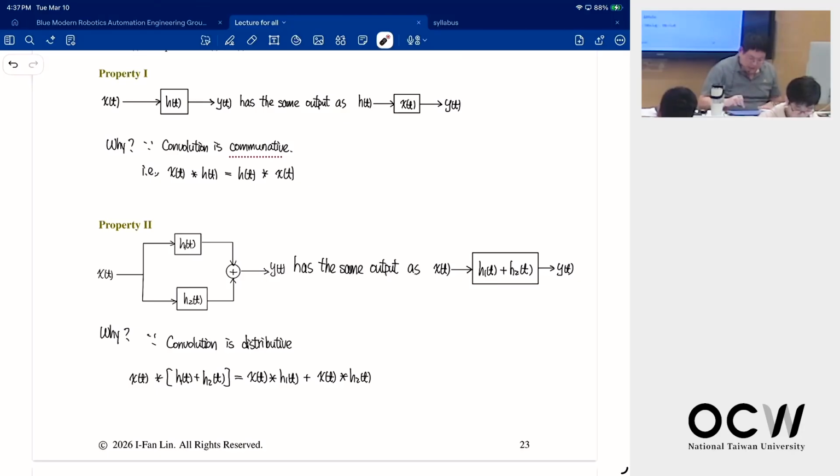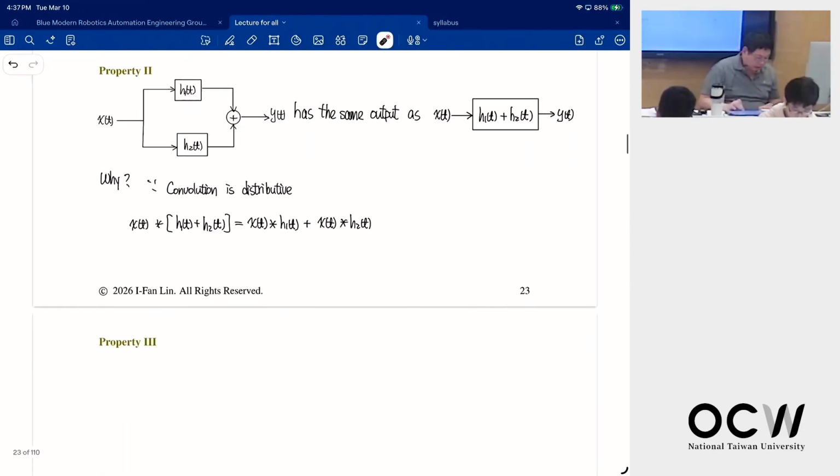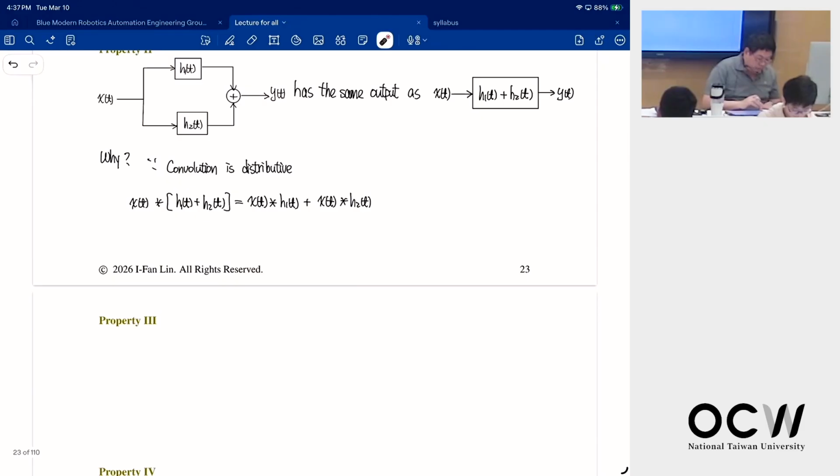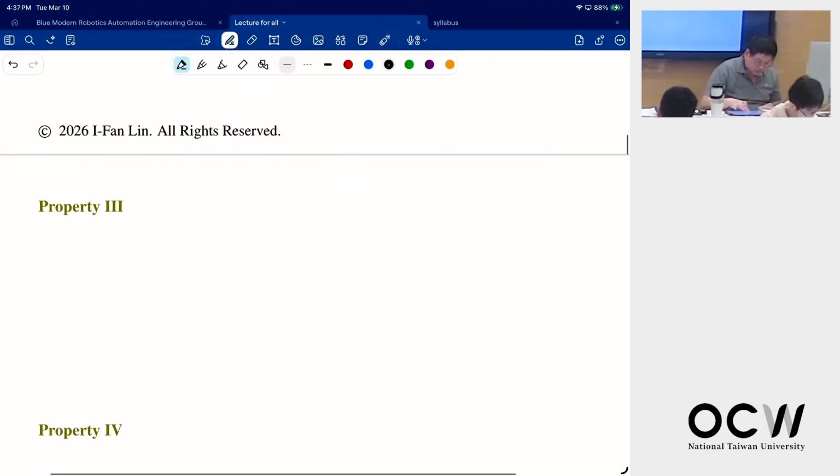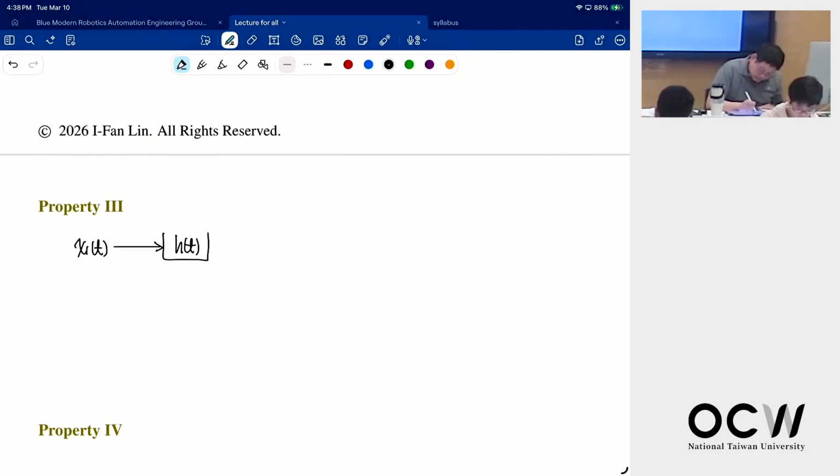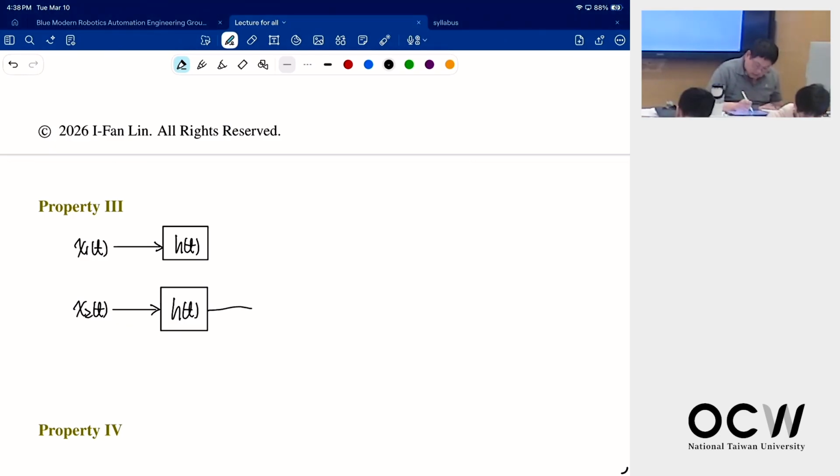Alright, next property. If I have two inputs, x1, and I send it to the system h, I also have another input x2. I also send it to the same system, and then from both outputs I just add them together and I get the output.